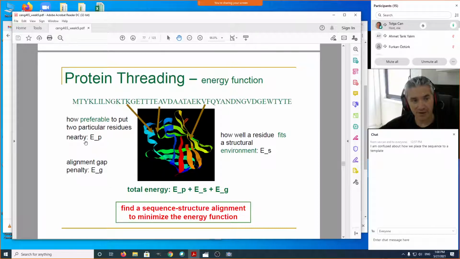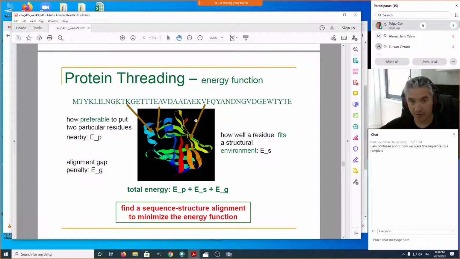And there's another thing. For example, two amino acids that are far away, like this K and A, that are far away in the sequence, if you make this assignment on the structure, they become neighbors in the structure. We may compute a score or a penalty function saying how preferable it is to put these two amino acids together to make this assignment.